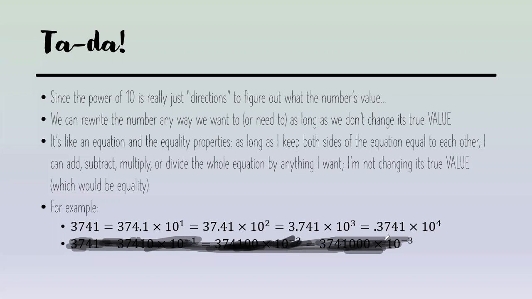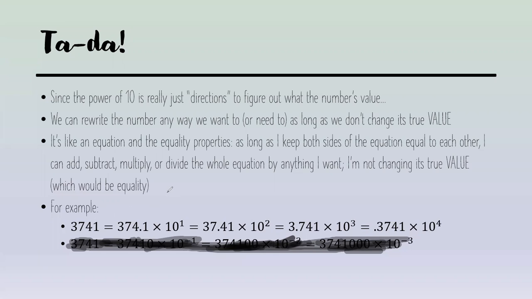So anyway, let's take this for example. All right, so we have this number, 3,741. I just want to rewrite it. 3,741, I can rewrite that as 374.1 times 10 to the first power.